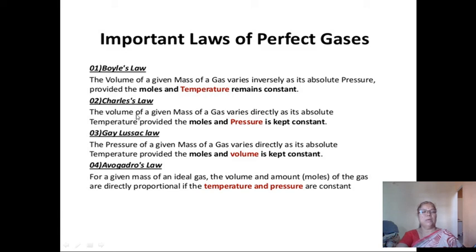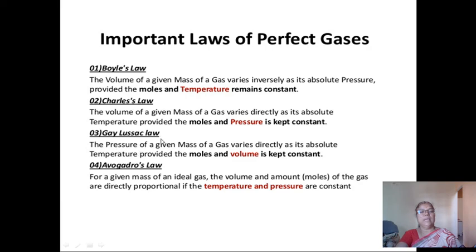Then Charles' law. The volume of a given mass of a gas varies directly as its absolute temperature, provided the moles and the pressure are constant. This is Charles' law. There is a direct relationship between volume of a gas and temperature.